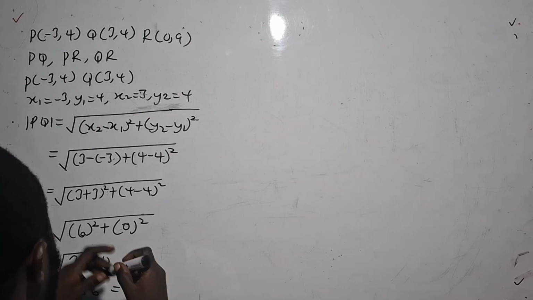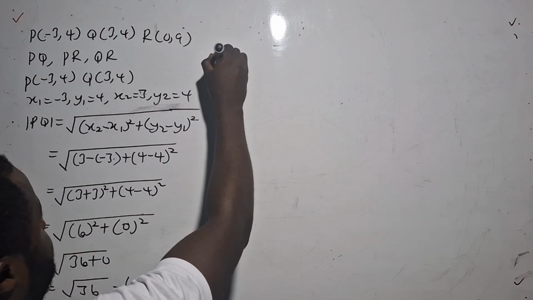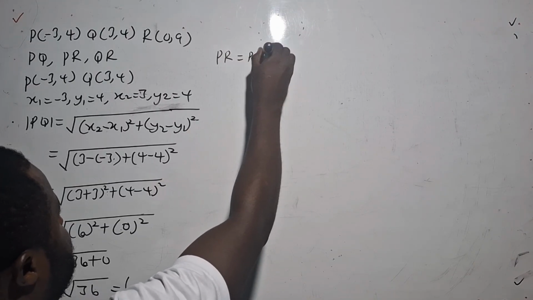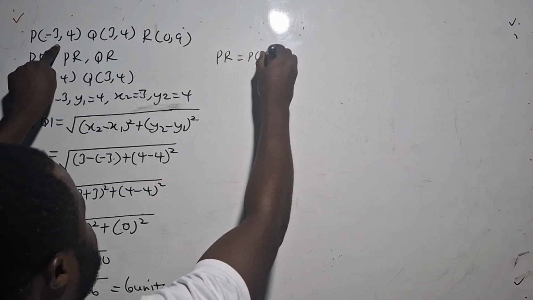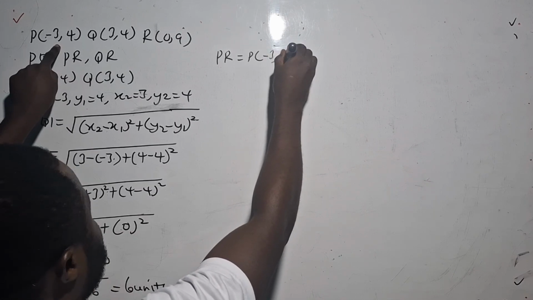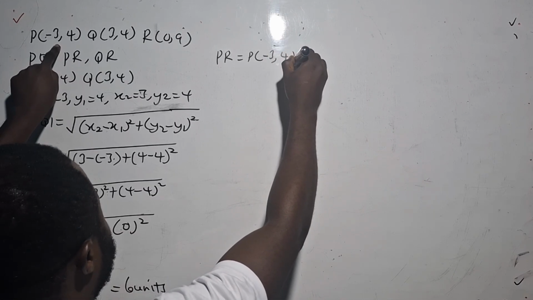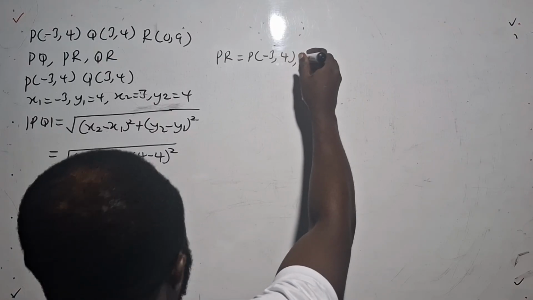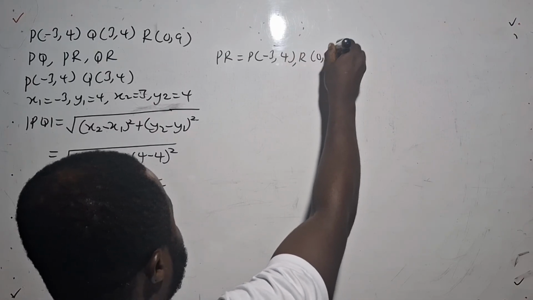So 36 units. So let's pair the next one, which is the PR. P is negative 3, 4. Then R is 0, 9.